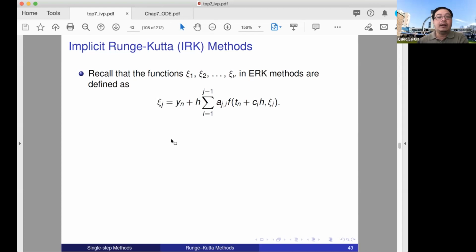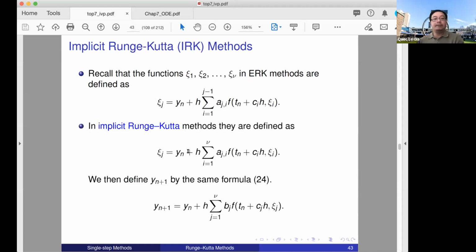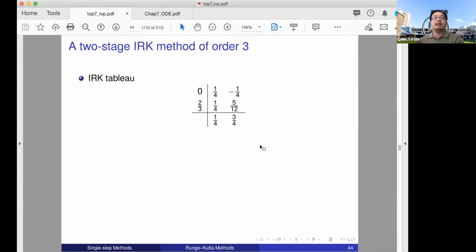But in the implicit one, the sum will run from 1 to nu. So your matrix is not lower triangular, but a full matrix. And then yn plus 1 is still defined the same. But now what is the drawback? The drawback is that every step you have to solve a nonlinear system.